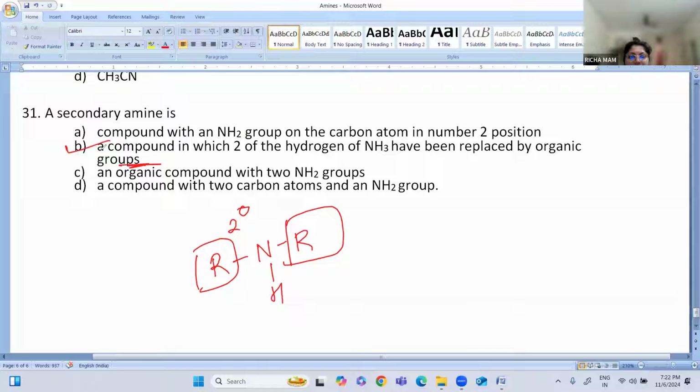So yes, option B. Not a compound with NH2 group on carbon number 2, and not a compound with two carbon atoms and an NH2 group. Option B, yes, Sri Varuni has answered. So this is the answer.